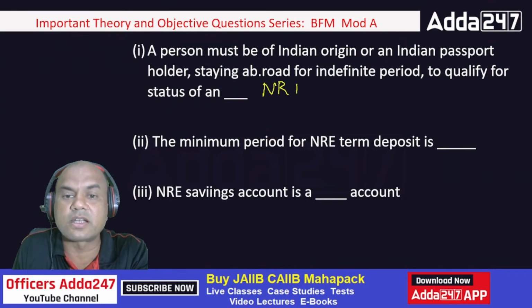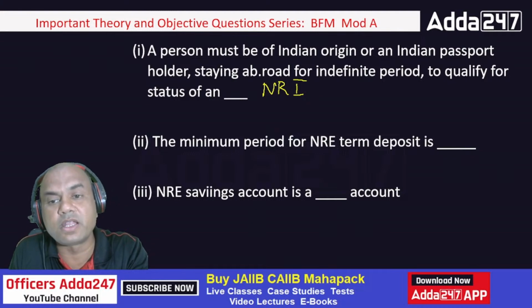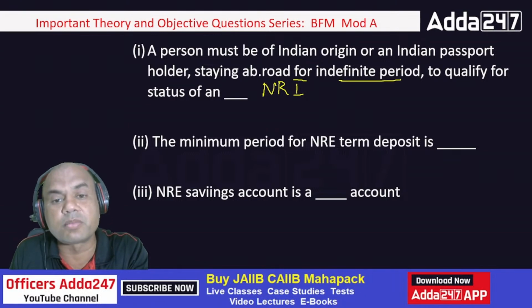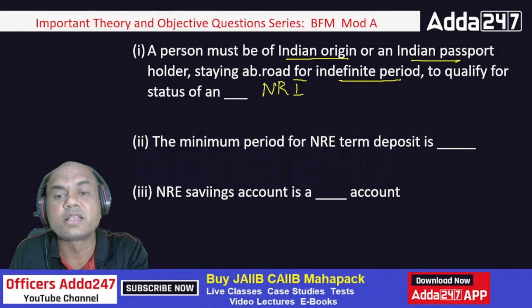NRI, non-resident Indian, must be of Indian origin, Indian passport holder, staying abroad for the indefinite period. That is the answer. Suppose if somebody wants to be declared as NRI, the first condition is Indian origin. Then Indian passport holder, staying abroad for the indefinite period.